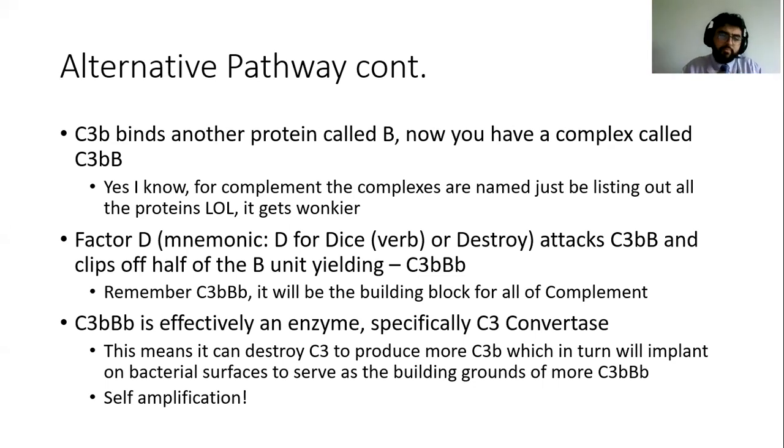A bit dramatic, but it's important. It's self-amplification, really. So C3bBb as a C3 convertase will break down even more C3 into more C3b, which will make more complexes by binding B, then cleavage by factor D and everything, okay? If you could understand this part, the rest of complement is cake.